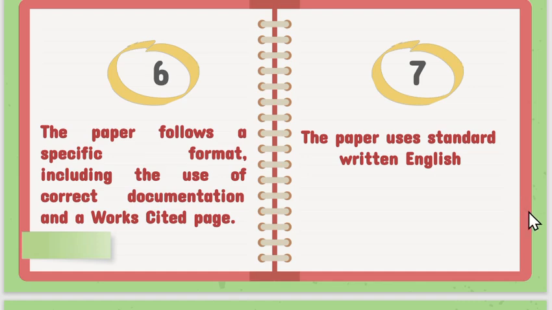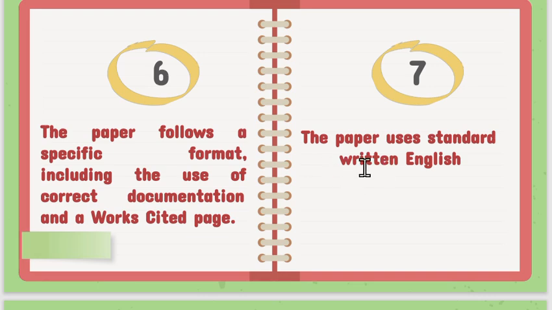Number six, the paper follows a specific format, including the use of correct documentation and a works cited page. So it is very important that the researcher makes sure that everything, including documentation and works cited in the research paper, is correct.